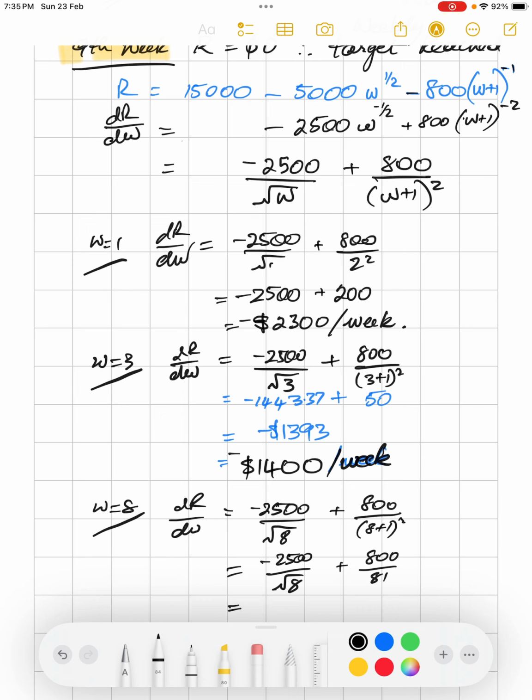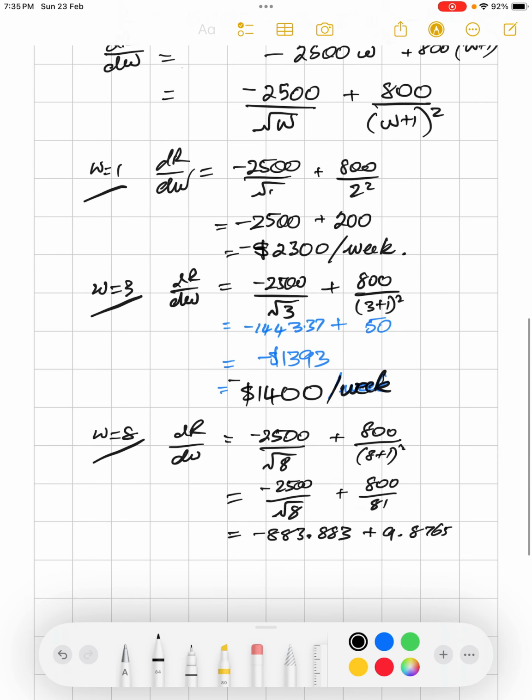We've got negative 883.883 plus 800 divided by 81 is 9.87654, and let's put that together and see what we get.